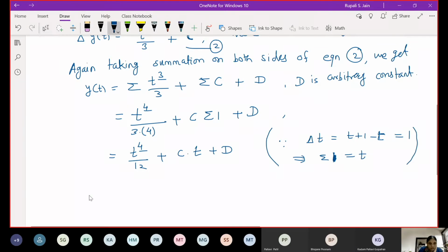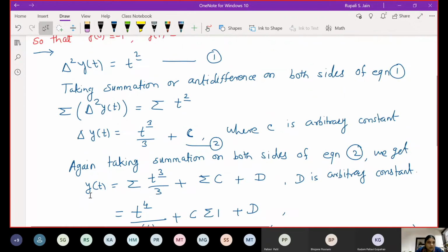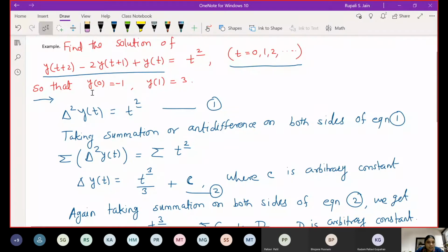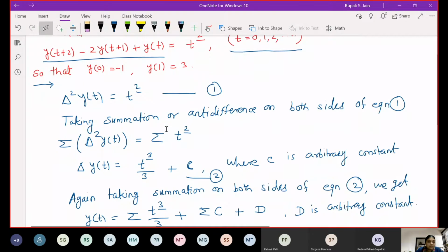So we got solution in terms of two arbitrary constants because it is a second order difference equation. So our general solution will include two arbitrary constants C and D. Now we have been given boundary values also. What are the boundary values? Y at 0 is equal to -1 and y at 1 is equal to 3.